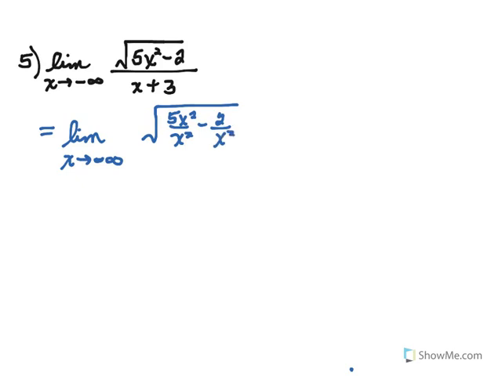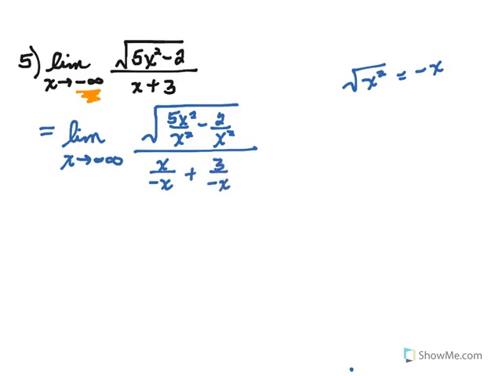Now when we come outside that square root, this is where you have to consider you're approaching negative infinity. So now we're talking negative numbers. So if we're doing the square root of x squared, we're going to think of that as being the negative square root, all because, again, we are approaching negative infinity and dealing with negative numbers. So in the denominator, we're going to be dividing through by negative x.